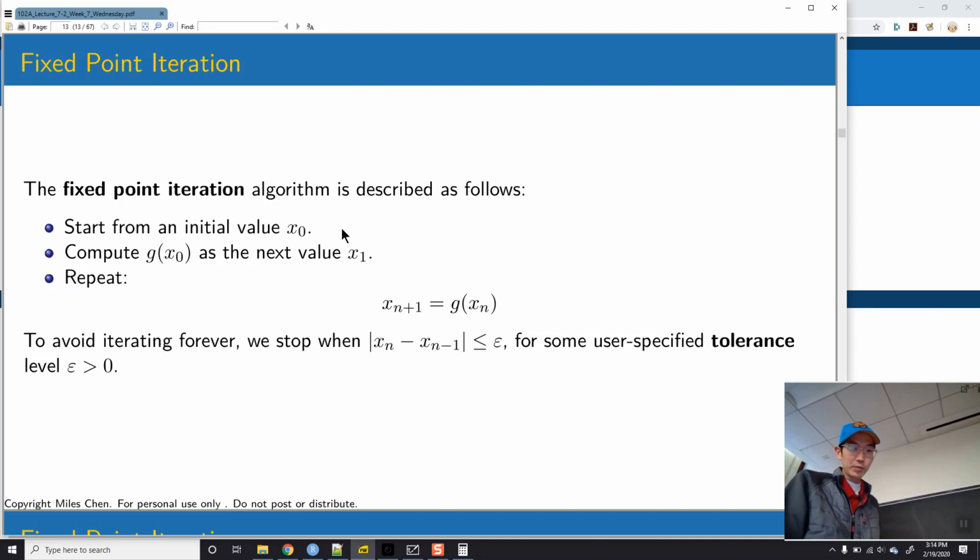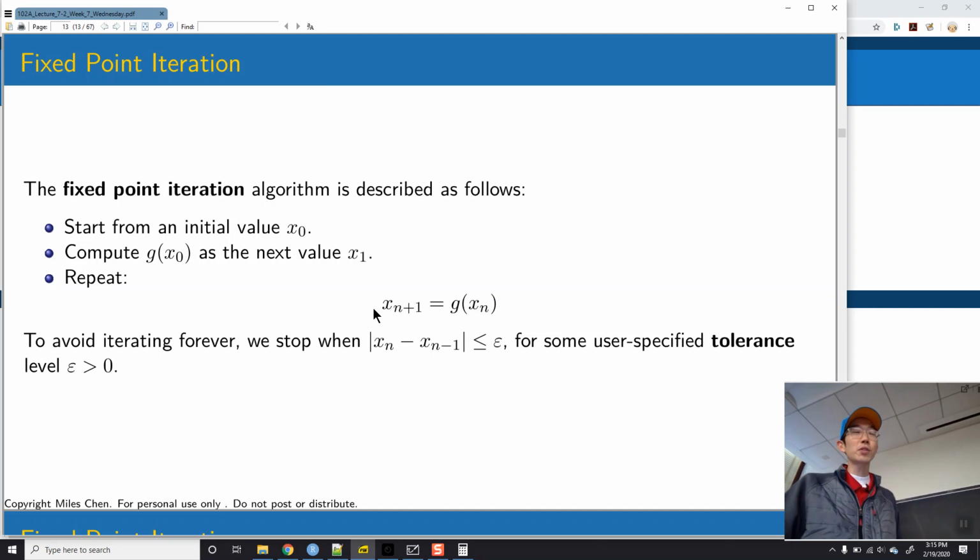All right, so you start at some initial value, x0, and all you do is you apply the function, and whatever you get, that's going to be my next value. Then you repeat: whatever my current value x at time n is, if I apply the function g to it, that's going to be my next value, x at time n plus 1.